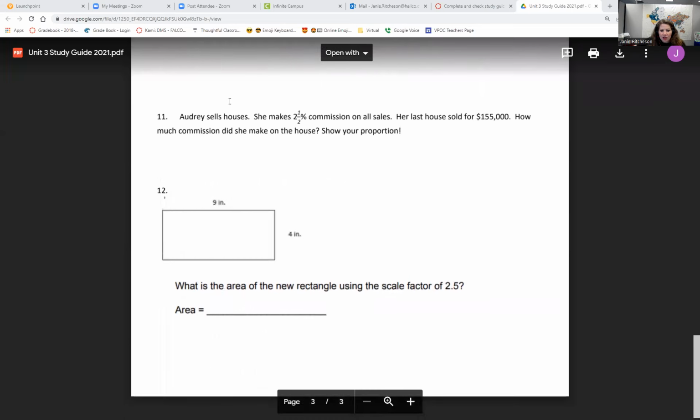Number 11, Audrey sells homes. She makes 2.5% commission. So we want to know what is 2.5% of 155,000. So 2.5 is 2.5%. Now I'm going to move the decimal 2 places to the right. 1, 2.